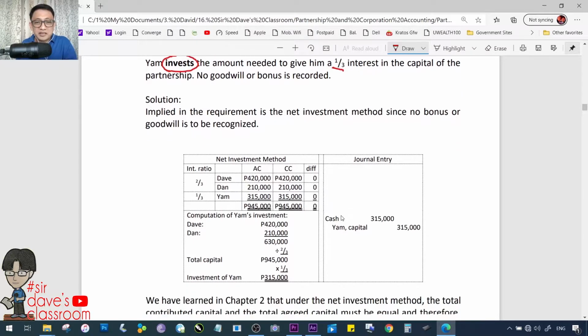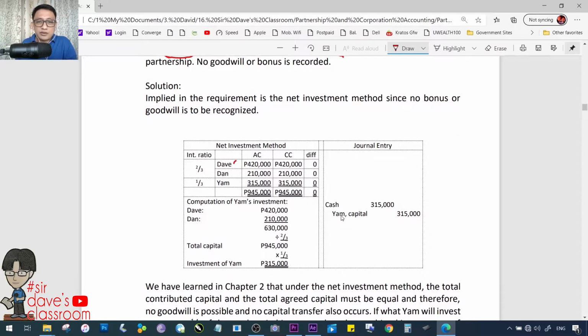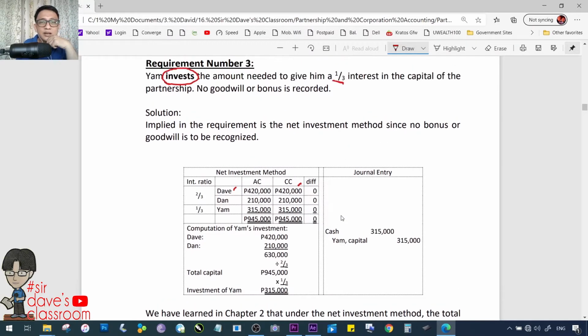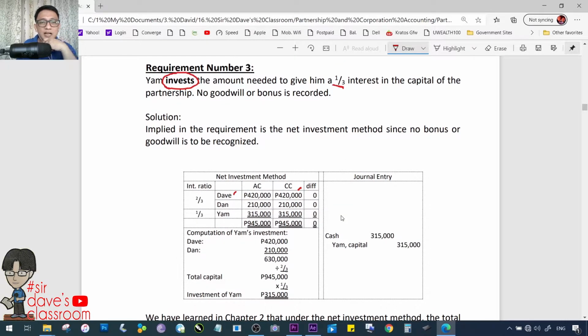Really? Check nga natin. Ang investment ni Dave, yung kanyang adjusted capital balance, which is 420 as given in the problem. Sa number 3, may adjustment ba na magaganap? Let's check. Si partner Dan naman, 210. And Yam invest the amount, hindi ini-specify, enough to give him 1/3 interest.